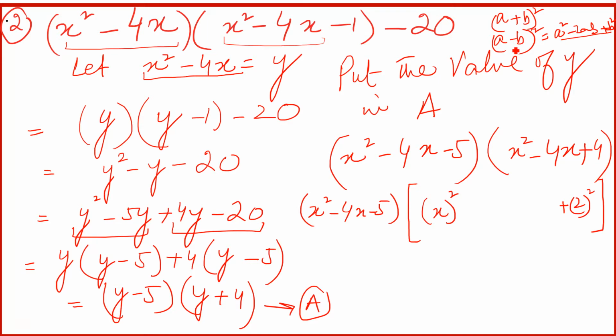For this part, make the square of the first term, make the square of the last term, whatever is here, x, not the power, not the exponent, only whatever you have inside the parenthesis: x minus 2 whole square. So here I will write x square minus 4x minus 5.